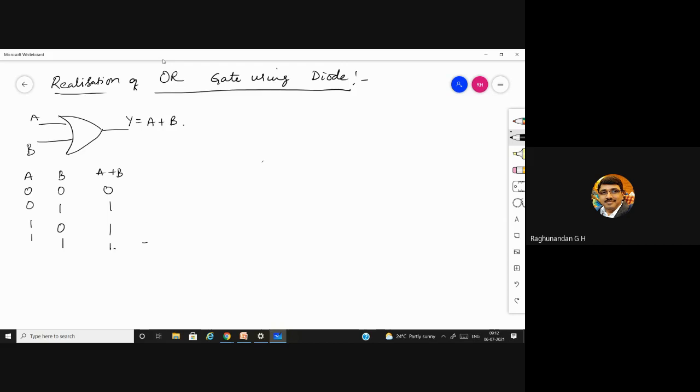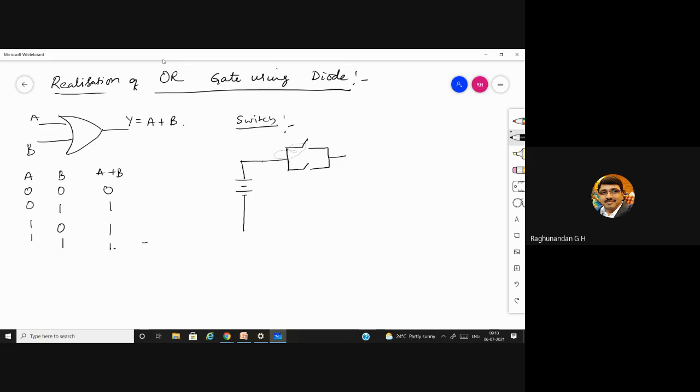Now the OR gate using switches. How are we going to explain the OR gate using a switch? In the AND gate, you remember we took two switches in series. In the OR gate, we take the same switches in parallel, because if any one of the inputs is high, the output goes high.